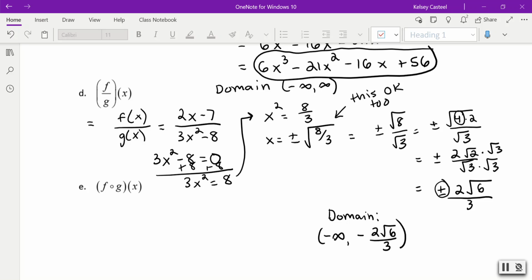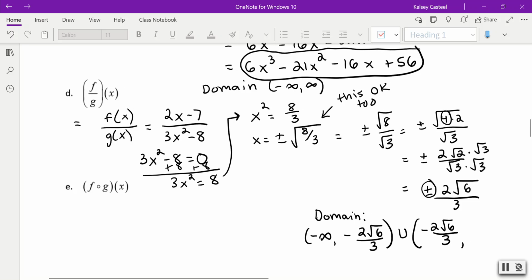So I hit that value, I jump over it. So I have to use a union symbol to keep going. So right on the other side of it, again, would be just a little bit bigger than negative 2 square root of 6 over 3. But now we're on the other side, so we'll start a little bit bigger than that one.